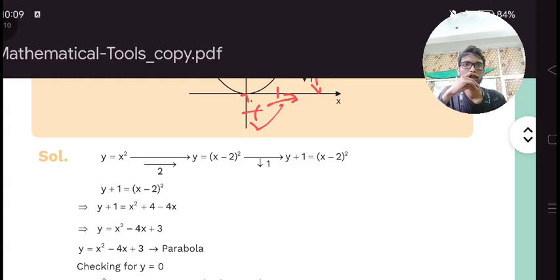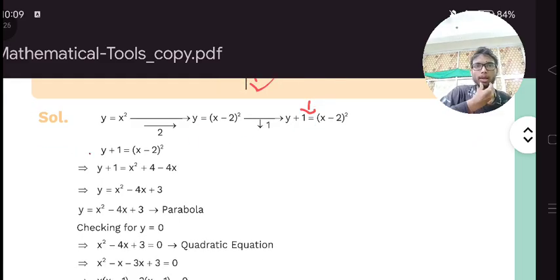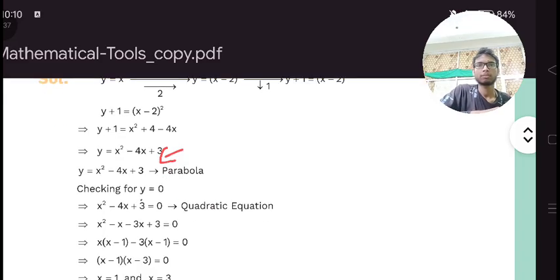And this is going in negative, so it will become y plus 1 is equal to this much. When we simplify this, it is giving us a quadratic equation: y is equal to x square minus 4x plus 3. Then the parabola becomes y is equal to x square minus 4x plus 3.